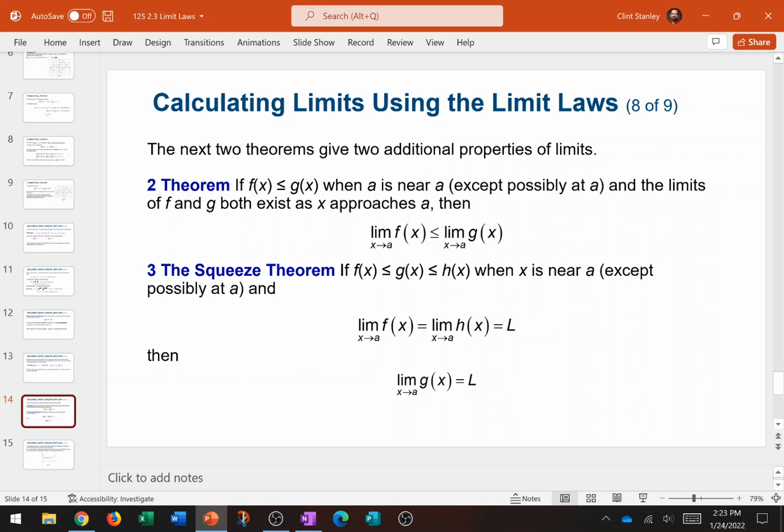Because if you know one's strictly less than and one's strictly greater than, the limit could still be right there. The limit could match. But yeah, the theorem does have the or equal to. Strictly less than is not required. That's a good question.